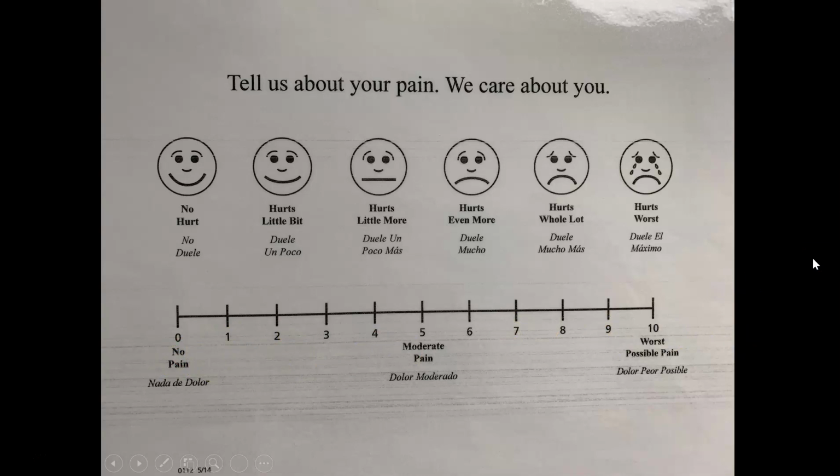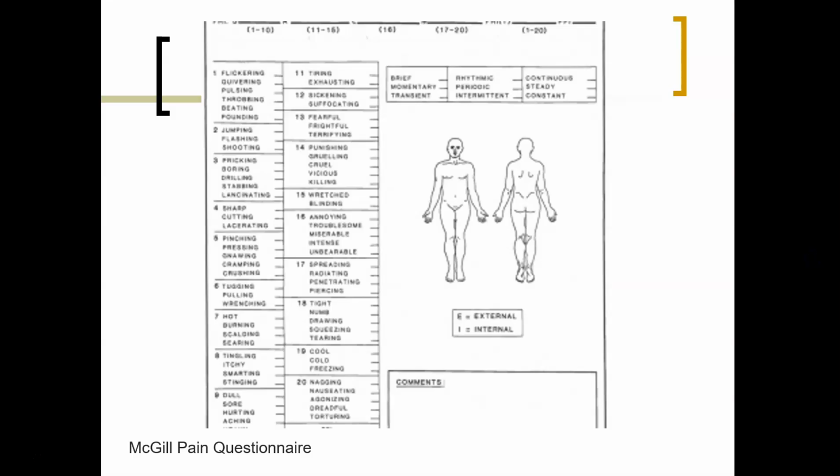There are some more detailed self-report measures as well, like the McGill Pain Questionnaire. And what you see here is a pretty common component of a pain questionnaire. You have the patient indicate where they're experiencing the pain, so the localization of it. And then there are lots of adjectives that you can use to describe the pain.